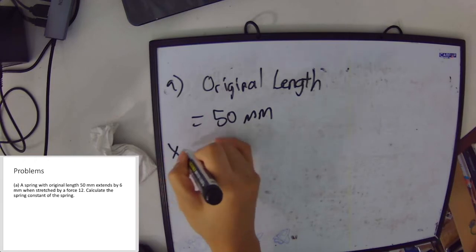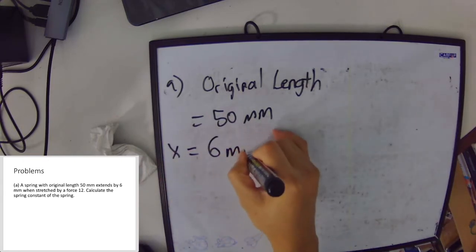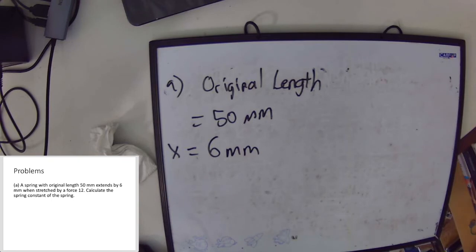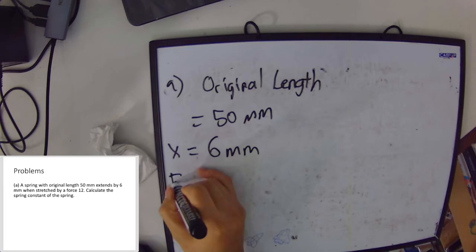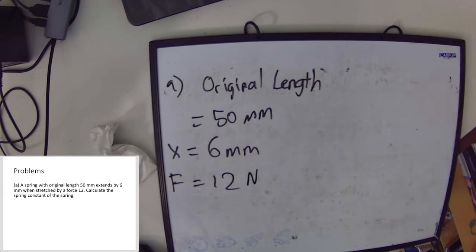Extension or X is 6 millimeters. And the force is 12 newtons. Once we have all our information here, okay, we look at what we need to look for. So what we need to look for is the spring constant, or K. And then we think, what formula can we use?